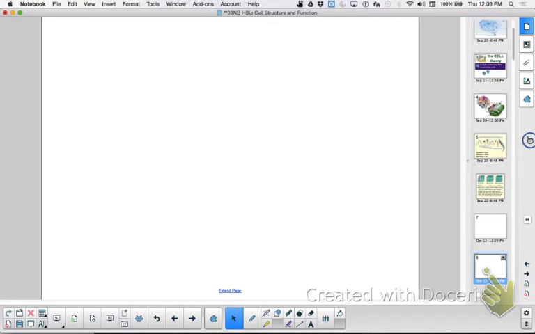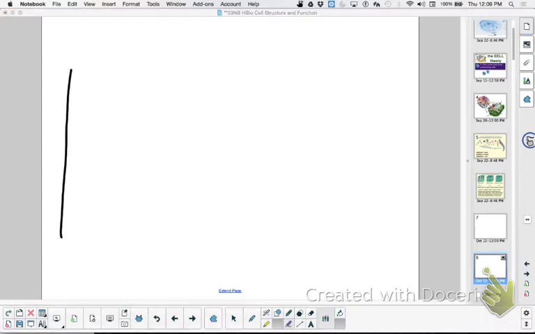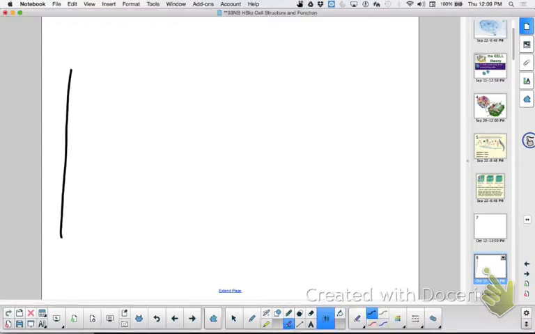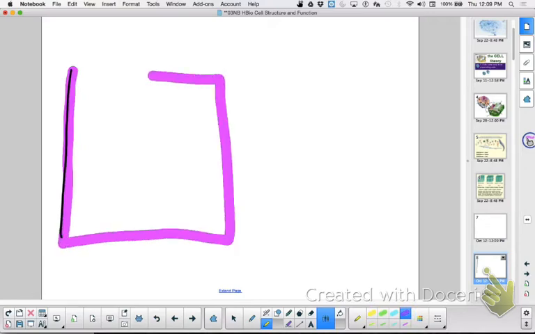If this were a cell, I could measure the surface area per the volume. You can see how close, look at the distance between this edge and this edge, right?